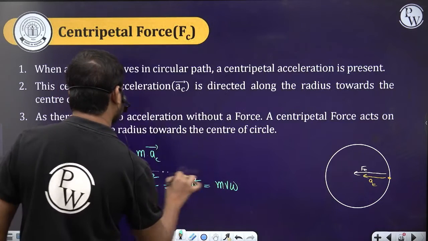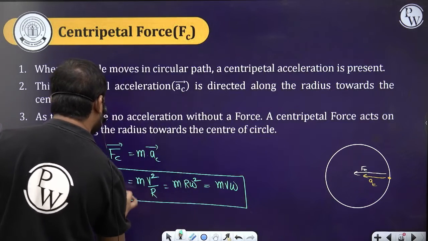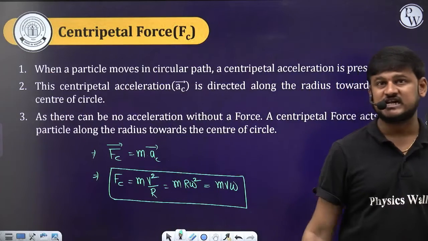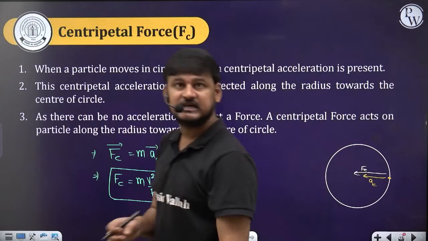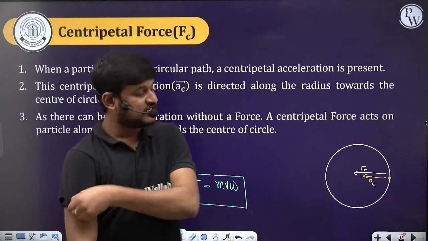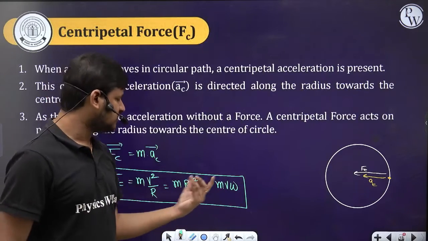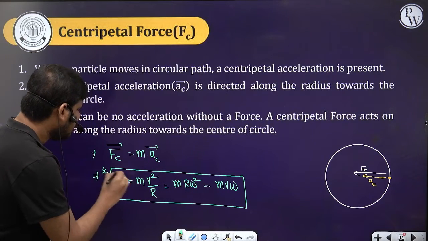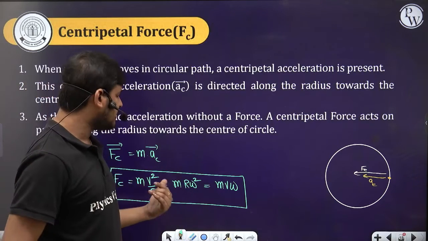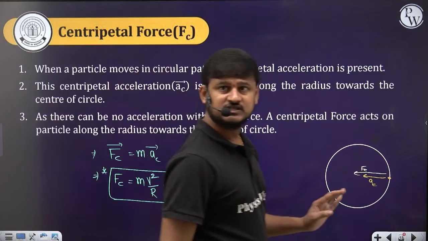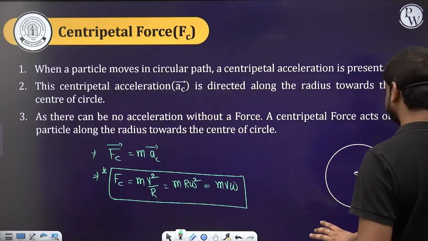So the centripetal force which acts on the particle moving in a circular path along its radius is given by the formula Fc equals mv square by r, or m r omega square, or m v omega. Understood guys? So let's move further.